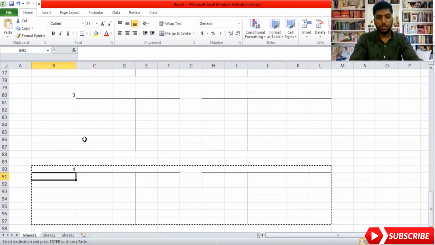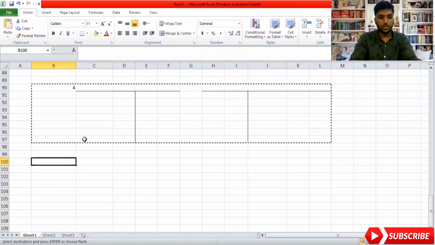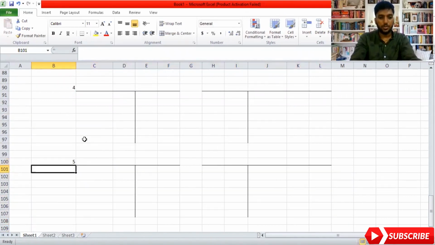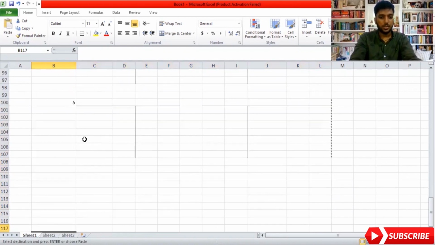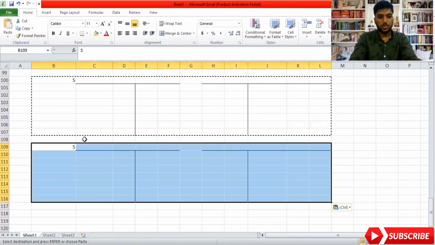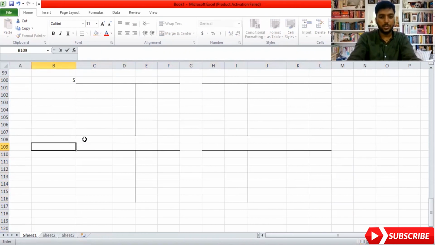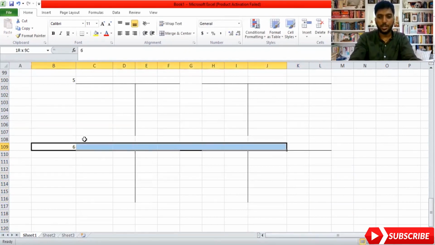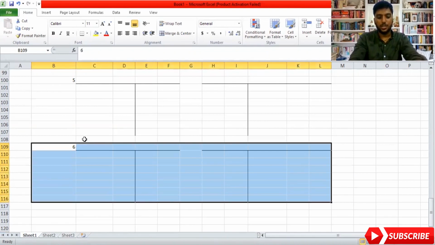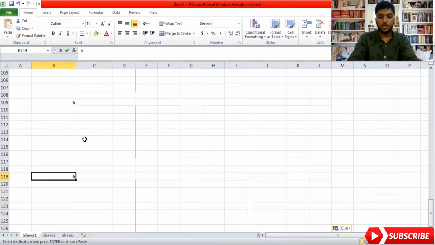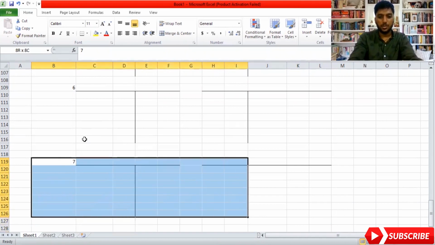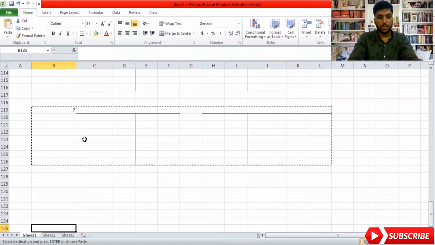So I'll copy the fifth one also. Fifth, six, seven, eight. Do it with me, guys. I know I'm taking a lot of time copying the same thing, but it's going to save me a lot of time, and I'm doing it with you. So it's going to be 7, and the last one is 8. So I'm done with this.